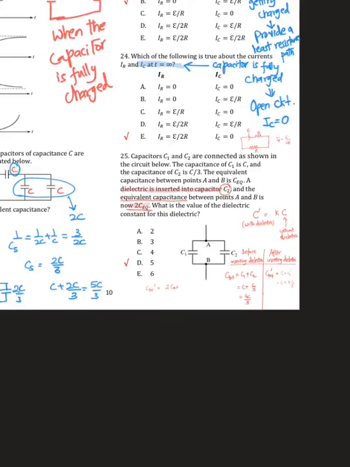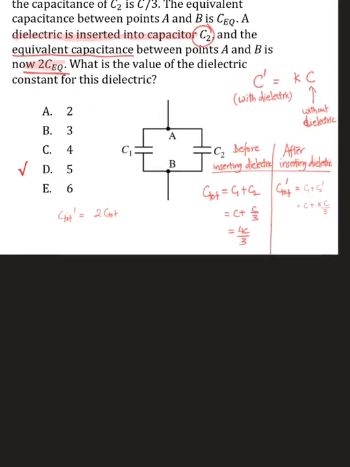I'm sorry, it's the other way around. So C plus KC over 3, that's C total dash, is equal to 2 times C total, that will be 8C over 3.